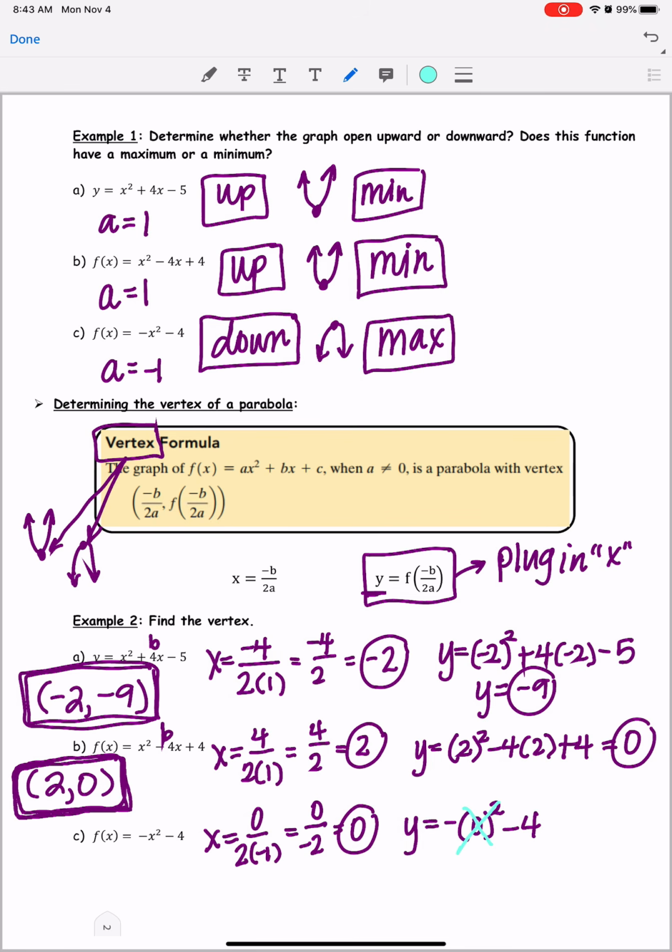Well, this 0 squared just kind of goes away. And so I am left with that negative 4. So my ordered pair is always x, comma y. So I've got 0, comma, negative 4.